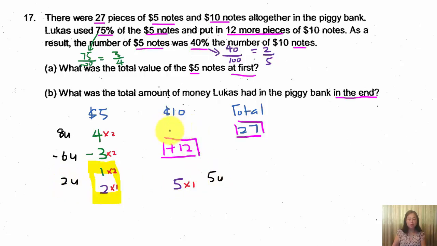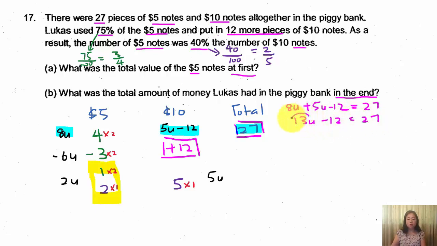So to go backwards, this is actually 5 unit minus 12. So we can tell now that 27 is actually 8 unit plus 5 unit minus 12. So 8 unit plus 5 unit minus 12 is equal to 27. So 13 unit minus 12 is equal to 27.